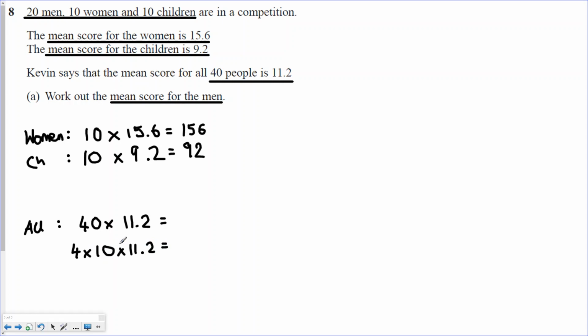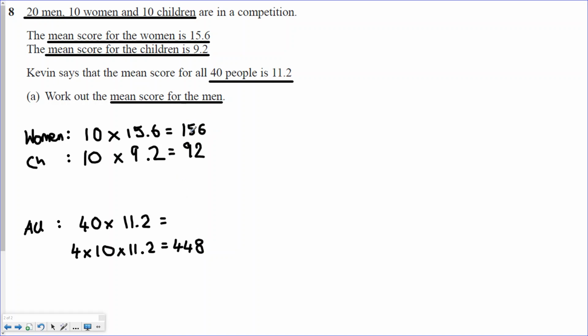So I'm going to do 10 times 11.2, which is 112. And then I'm going to multiply 112 by 4. 4 times 100 is 400. 4 times 12 is 48. So that's going to give me 448. So this is the overall score, 448.